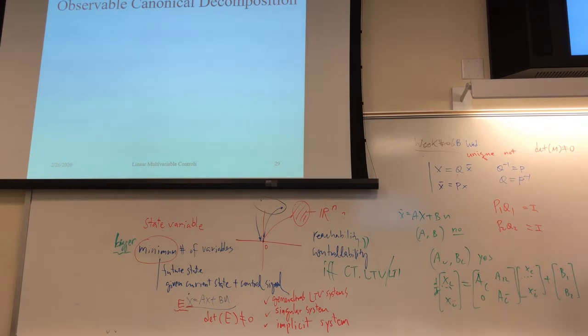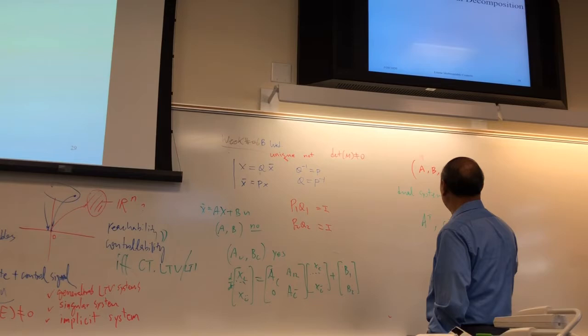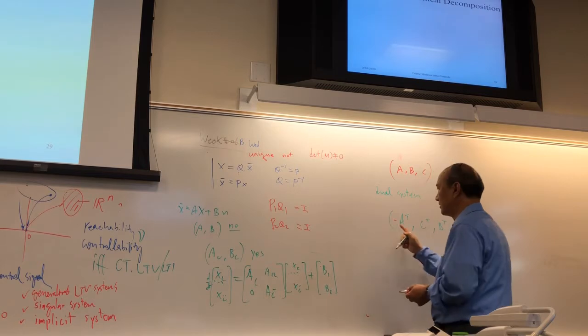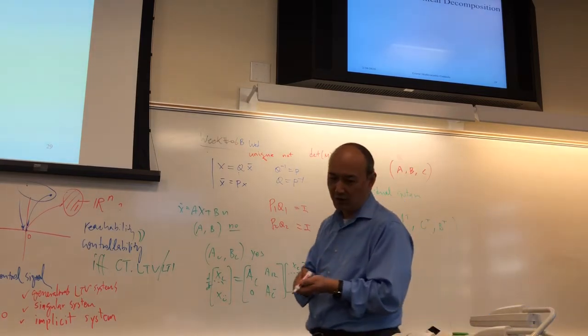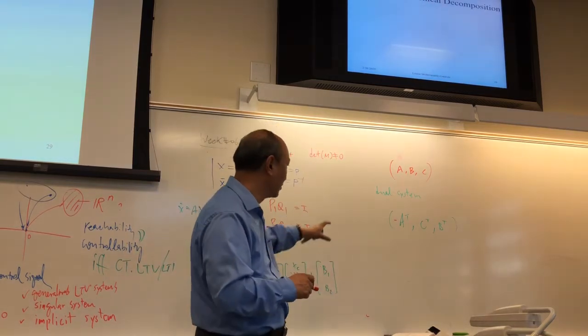If you have a system with A, B, C matrices, what is a dual system? You need a minus sign here. So that's our dual system. That's why observability and controllability are called a dual problem, because of the dual system concept.